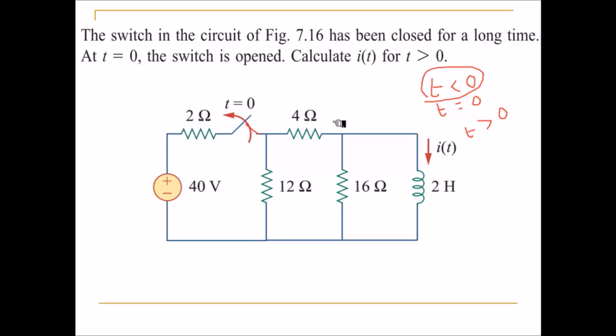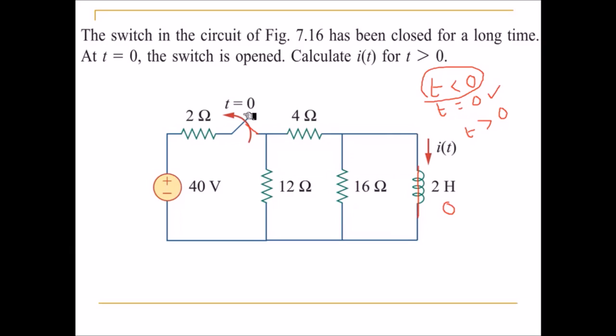Since the circuit is kept for a long time, your inductor will act as a short circuit. For a DC voltage, the impedance offered by the inductor is equal to 0. Hence the inductor will act as a short circuit, and there will be a current flowing through the inductor. This is the condition for t less than 0.